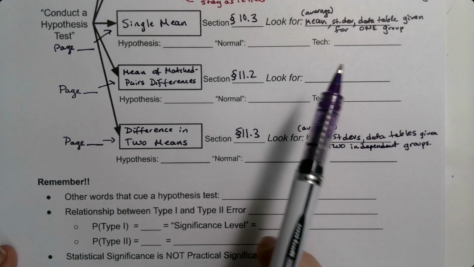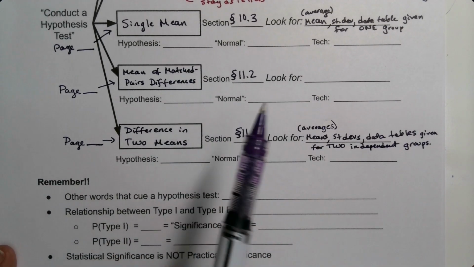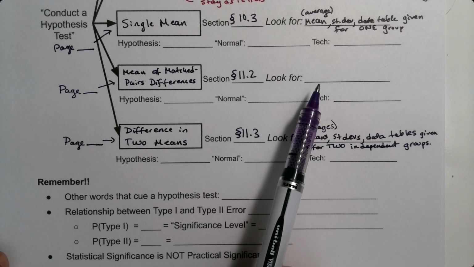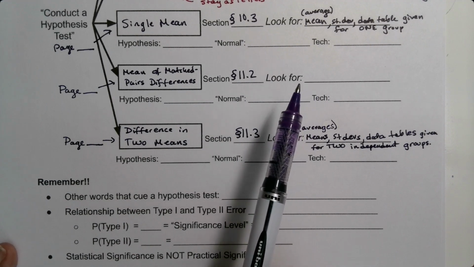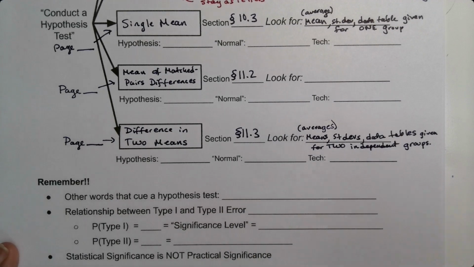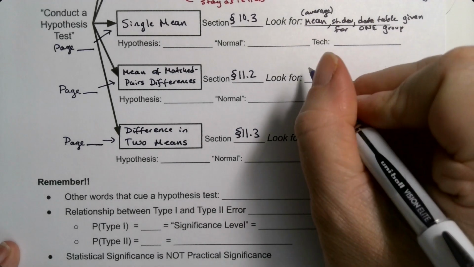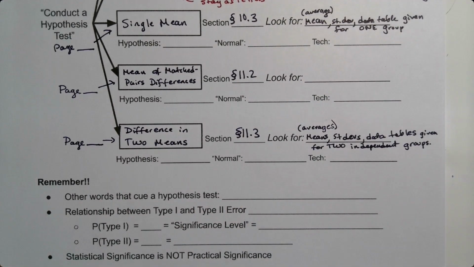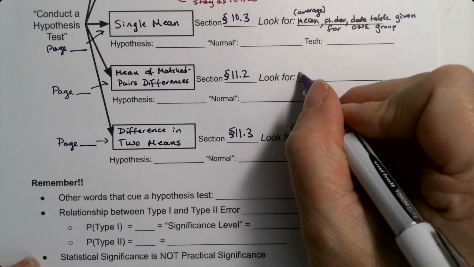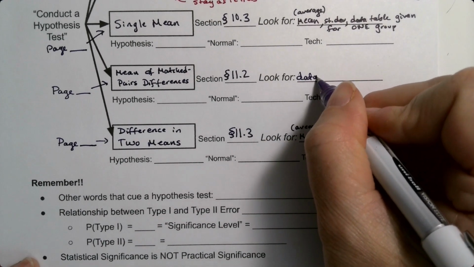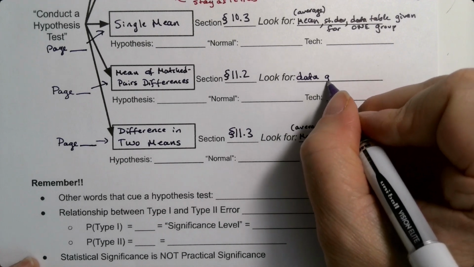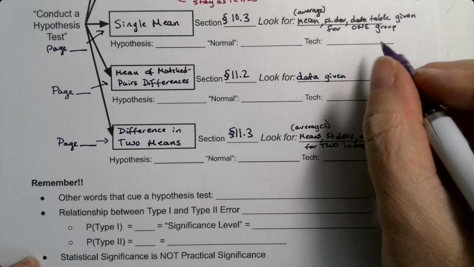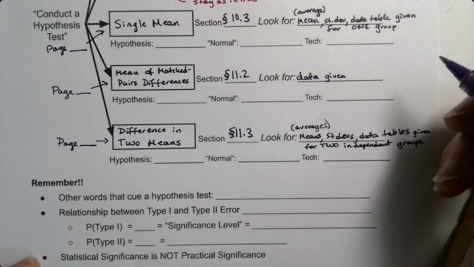Okay. So these two are actually very similar. This one in the middle, well, you can spot it if it's a matched pairs, right? So if it's a matched pairs data set, it'll usually be a dependent sample given. So if it's a matched pairs data set, that's the one. So if there's data, almost always it's a data table given for a dependent group.